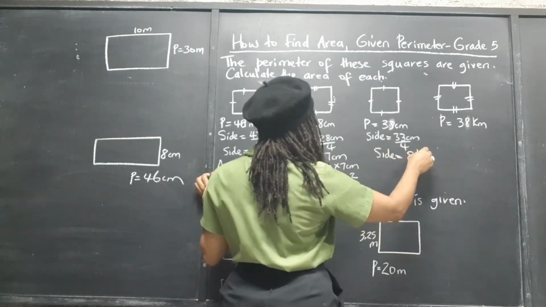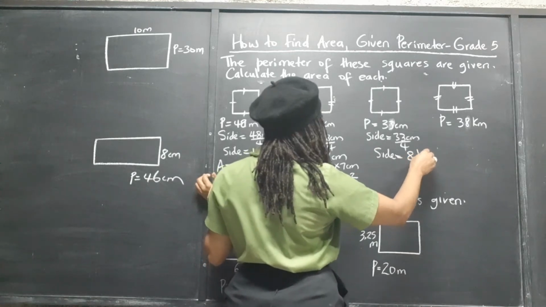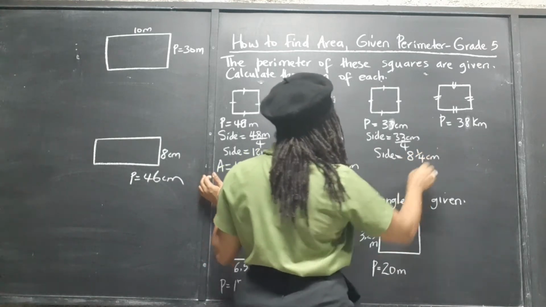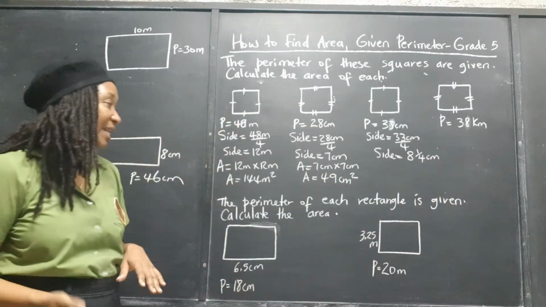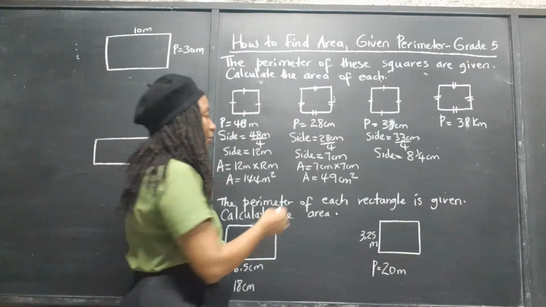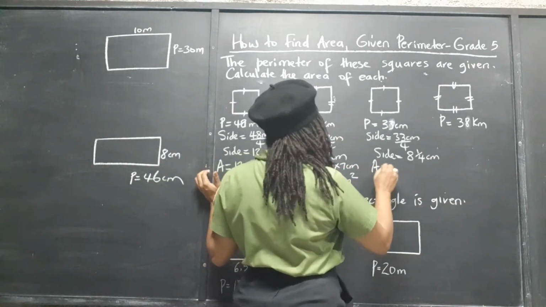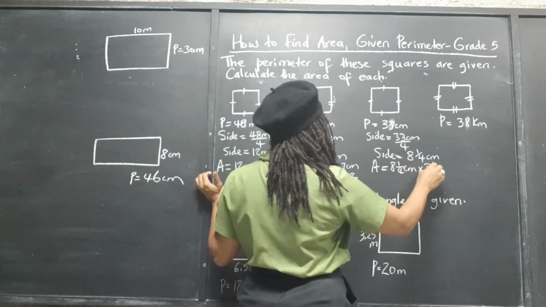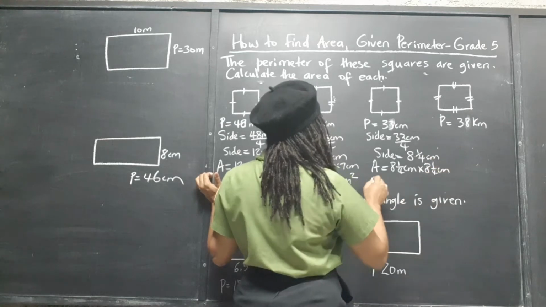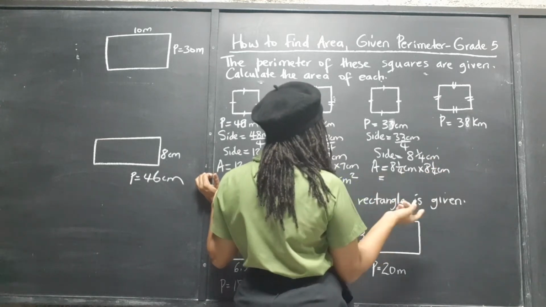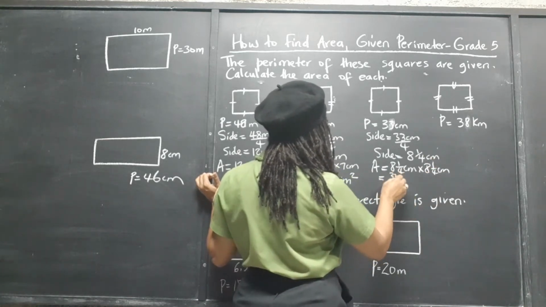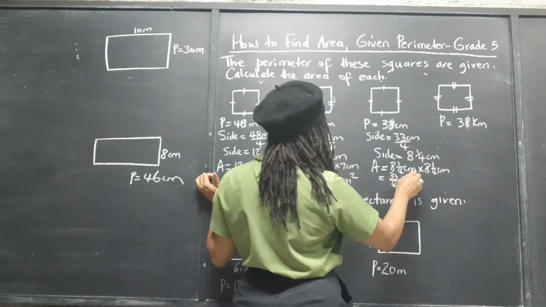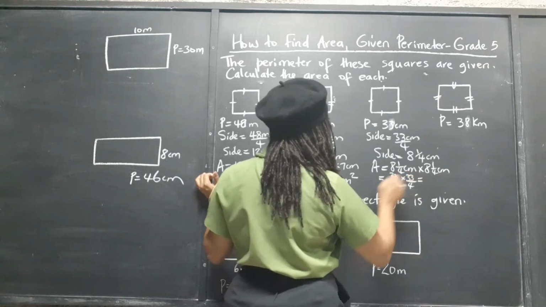So it's 8 and a quarter centimeters. Alright, so each side is 8 and a quarter centimeters, so the area is 8 and a quarter times 8 and a quarter. 4 8s are 32, 33 over 4 times 33 over 4.